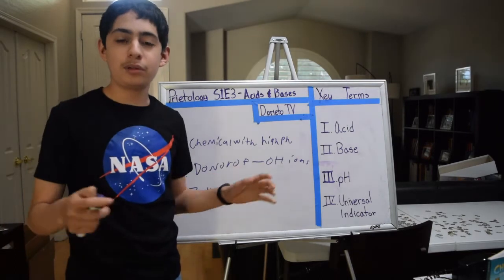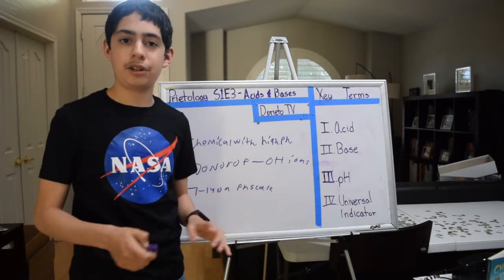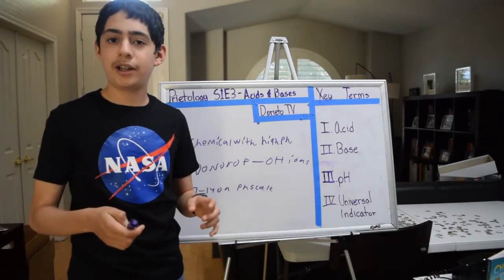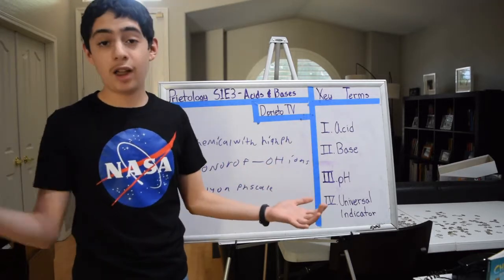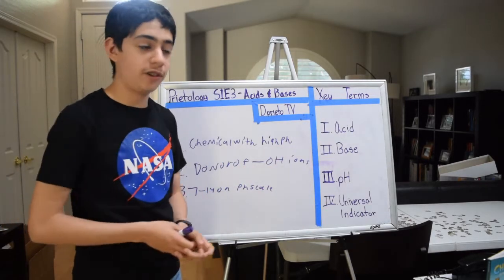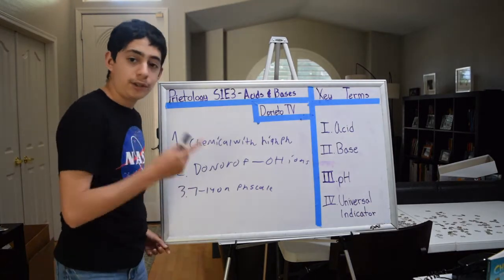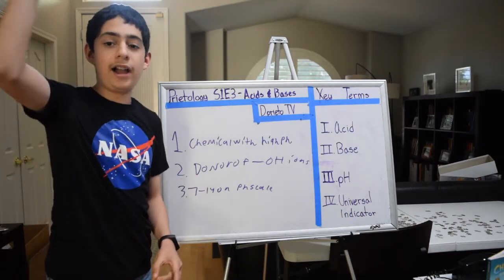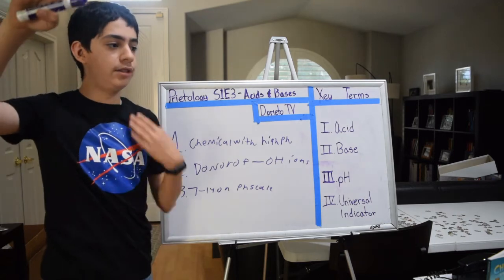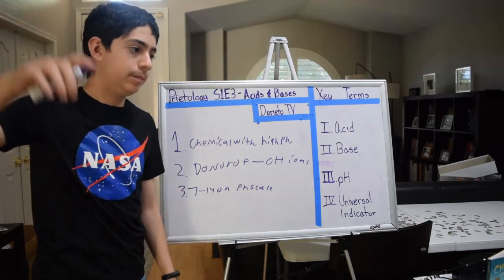Usually the most common bases are called alkalis. Bases usually make up the alkali metals and alkaline metals, which we discussed in the first episode of Prietology. And the third thing is that they are 7 to 14 on the pH scale, so they're the higher half of the pH scale. Acids are the lower half of the pH scale.